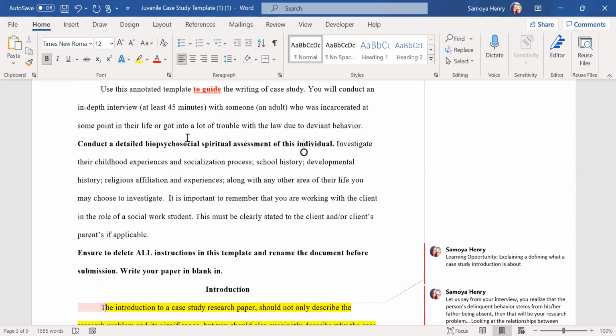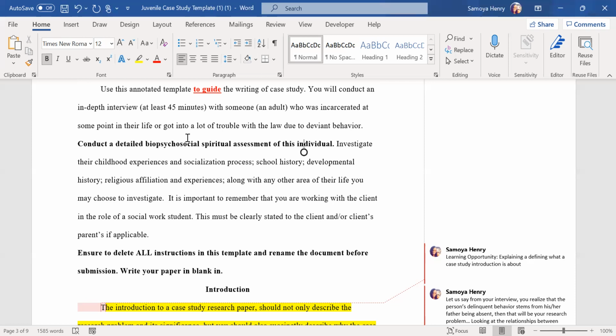Then you are to conduct a detailed biopsychosocial spiritual assessment of the individual. My social workers should know what this is. Those in guidance and counseling should know how to do an assessment. You're gathering information by asking questions, by speaking to the necessary individuals, whether it is through collateral contact or speaking directly to the client.